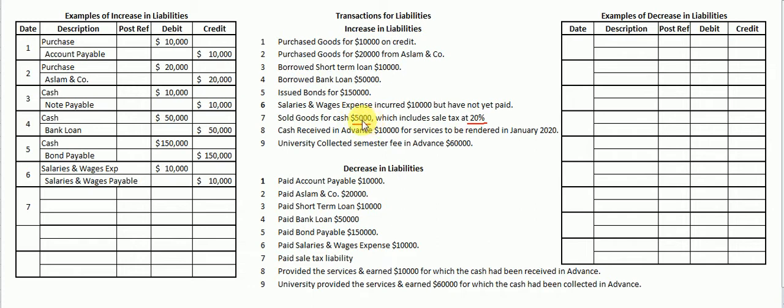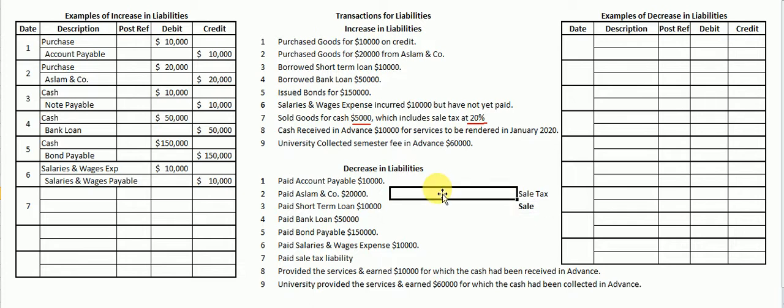First you have to compute how much tax is in this $5,000, the 20%.